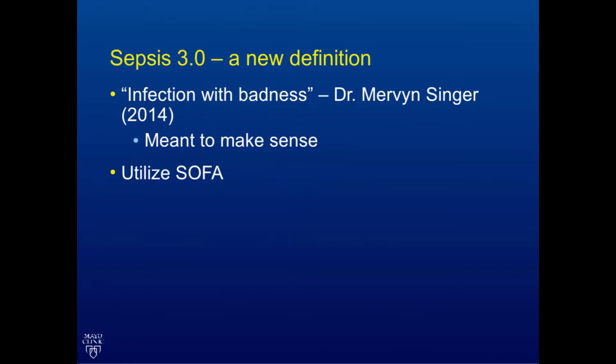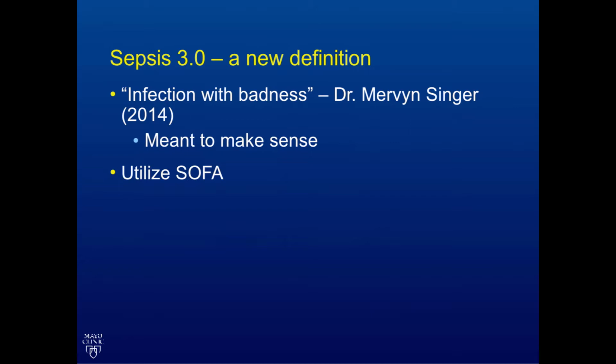So Merv Singer, the lead author on that, described it to me as sepsis is really infection with badness. He said, if you want to know what sepsis looks like, you should ask an intern in your hospital, because that's what we want to define sepsis as. And that's meant to make sense. It's hard to operationalize, but it's meant to make sense. And the intent right up front was that this should utilize some of those illness severity scoring that they've called for since 1991. And they settled on SOFA.